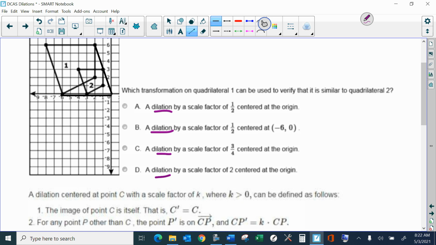So it's centered at the origin. Okay. Origin, so that wipes out this one. Okay. Which transformation on quadrilateral 1 can be used to verify that it's similar to 2? So is it a dilation by a scale factor of 1/2?